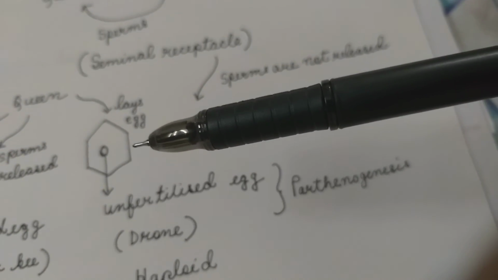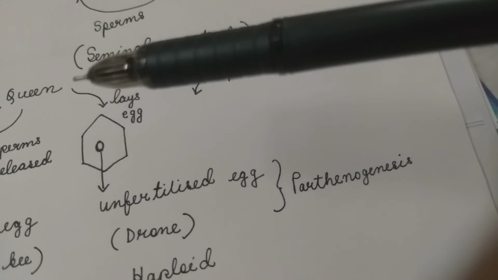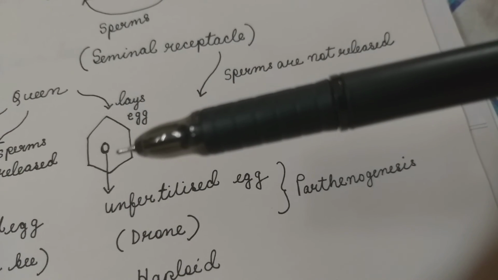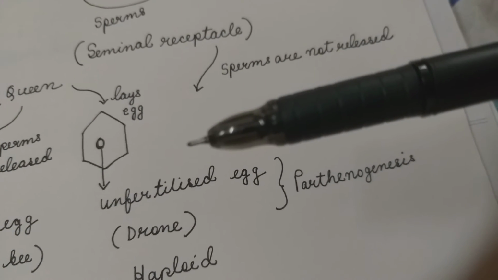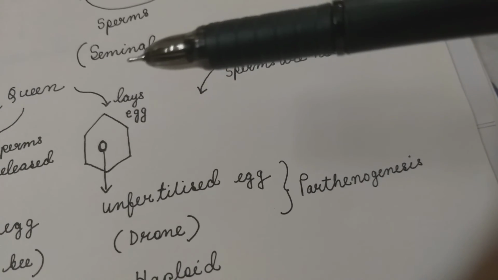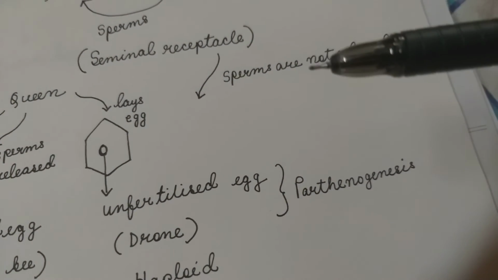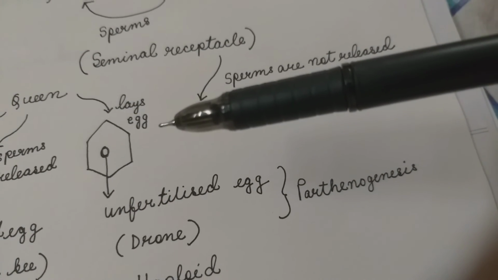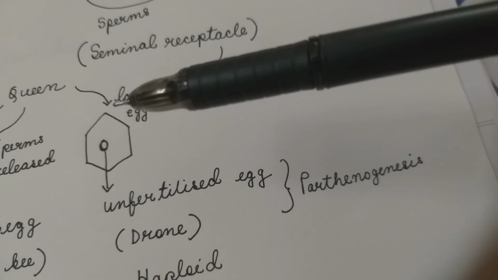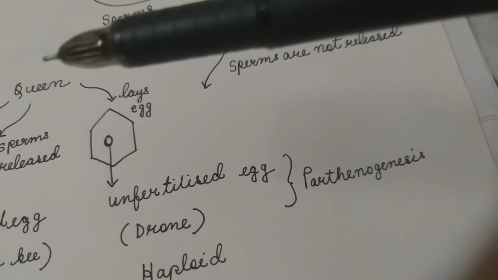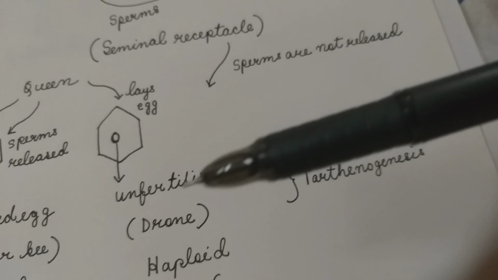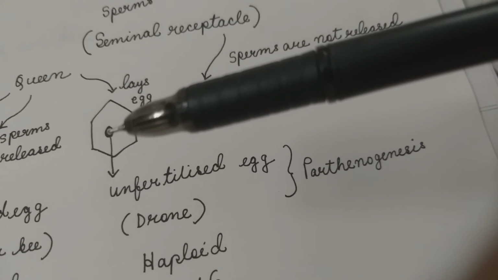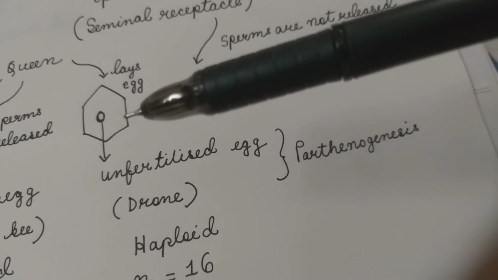Therefore, in the larger brood cells, the queen always lays unfertilized egg. Only unfertilized egg is laid in the larger brood cells.